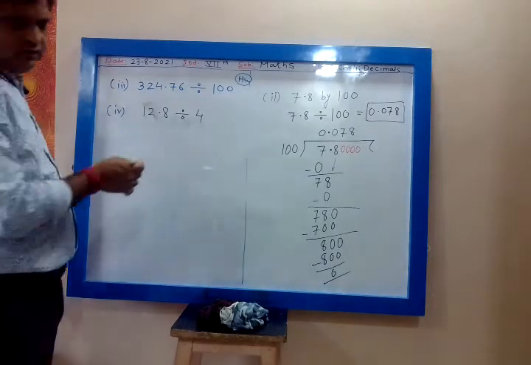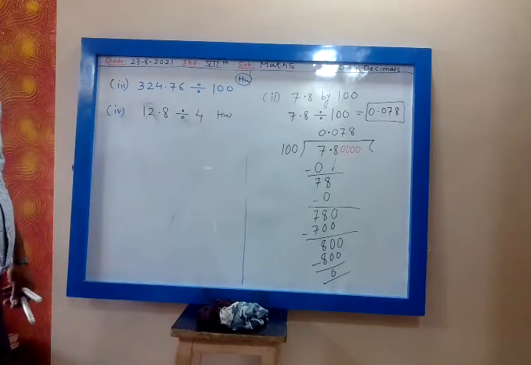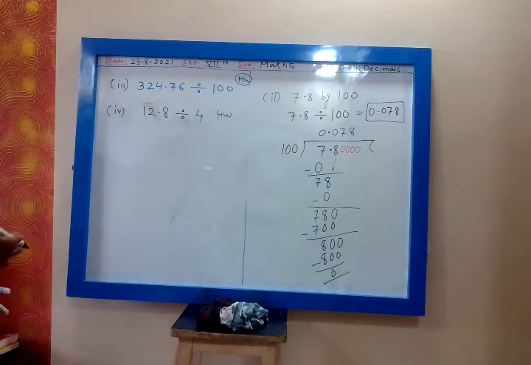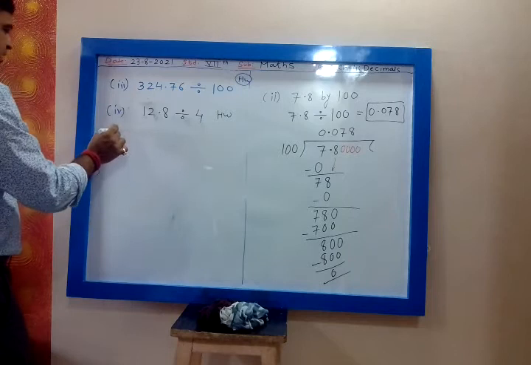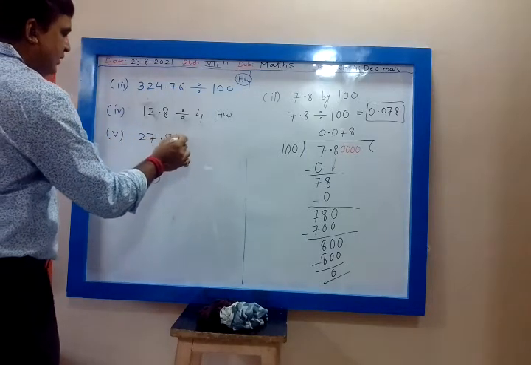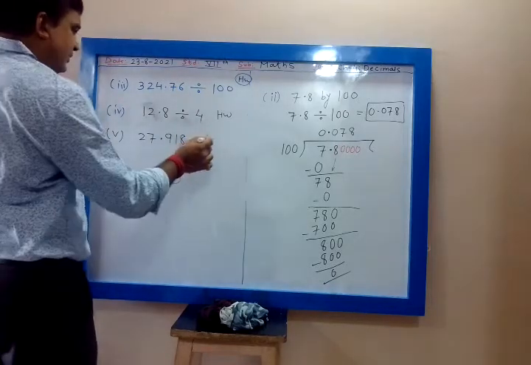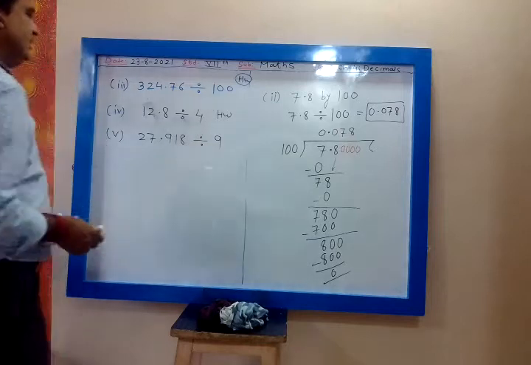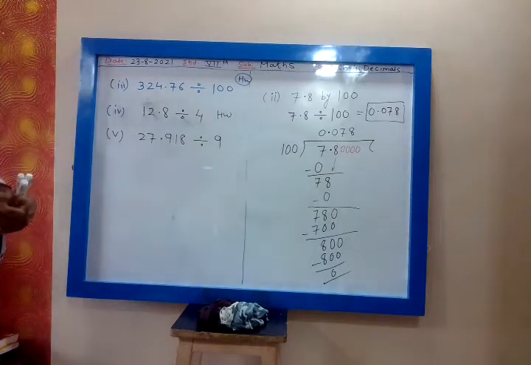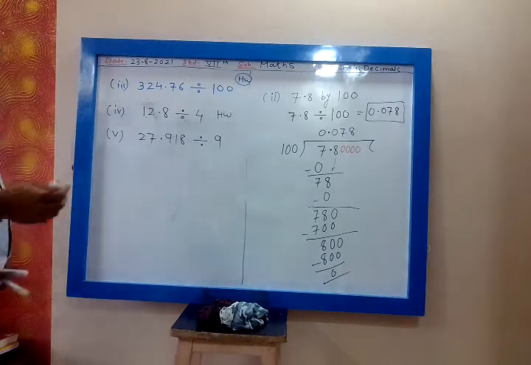Yes or no? Okay. Homework. Then 27.918 divided by 9. Yes, what about this? All of you are confident? Okay. Okay, chalo.